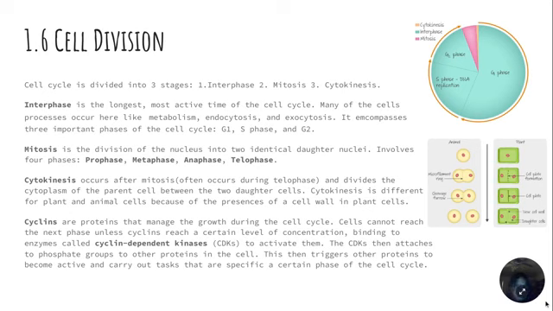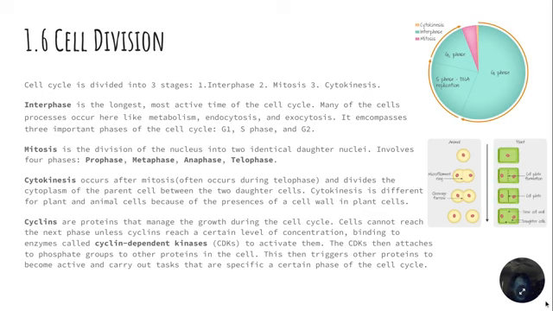And cyclins are proteins that manage the growth during the cell cycle. Cells cannot reach the next phase unless cyclins reach a certain level of concentration, which once it reaches that concentration, it binds to enzymes called cyclin-dependent kinases, or CDKs, to activate them.